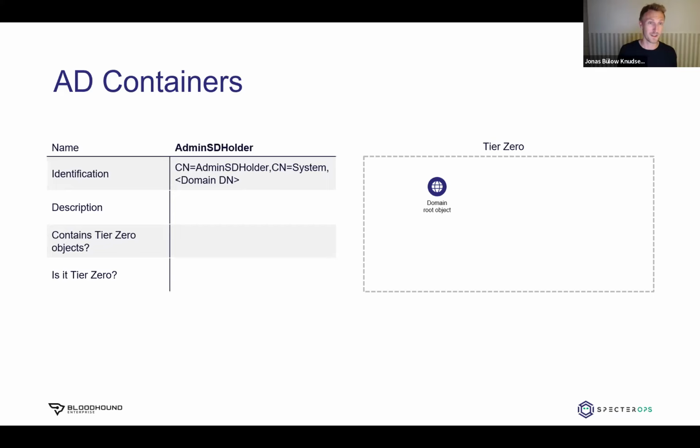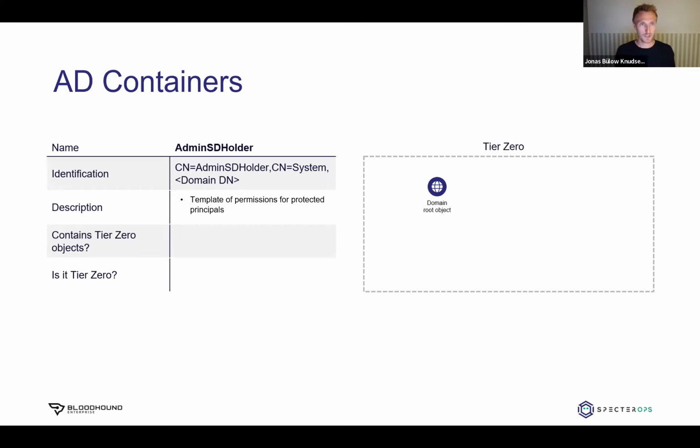That's not the case. It is used as a template for the security descriptor of some special protected principals in Active Directory. These protected principals, also known as protected accounts and groups, include domain admins, enterprise admins, and some other very privileged groups in Active Directory.